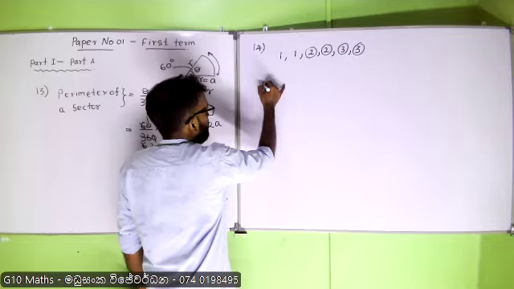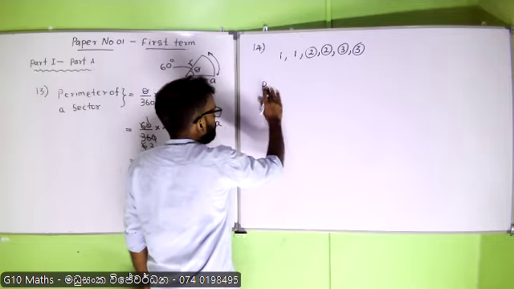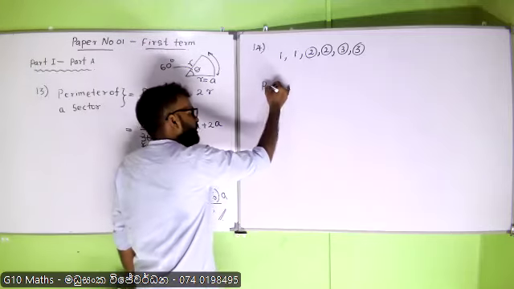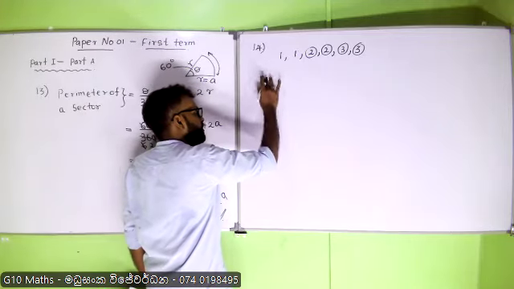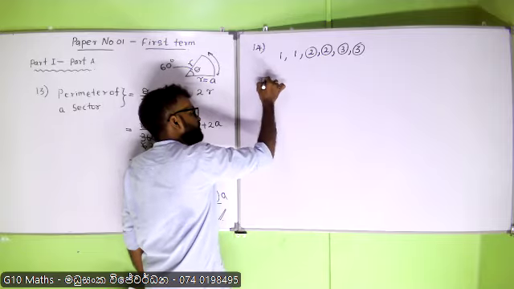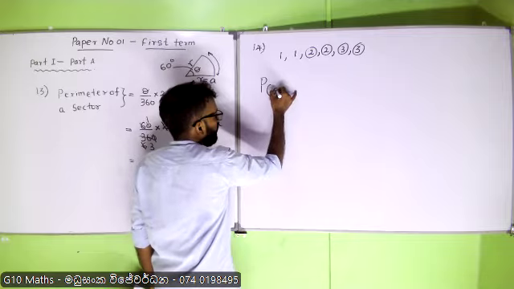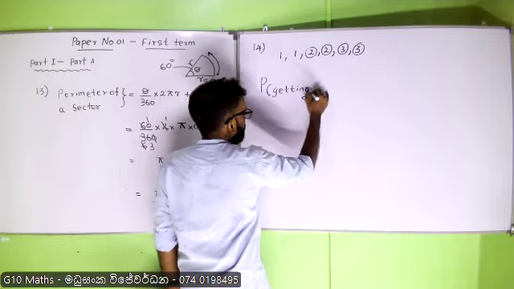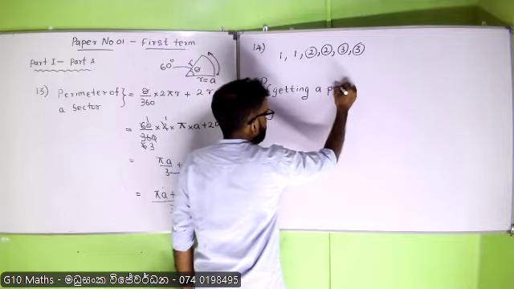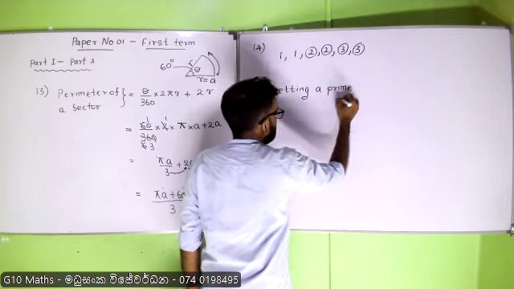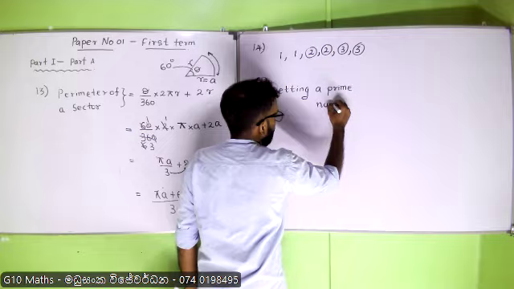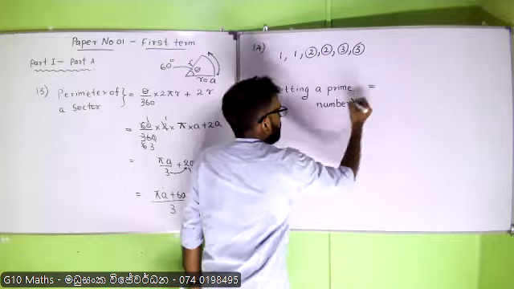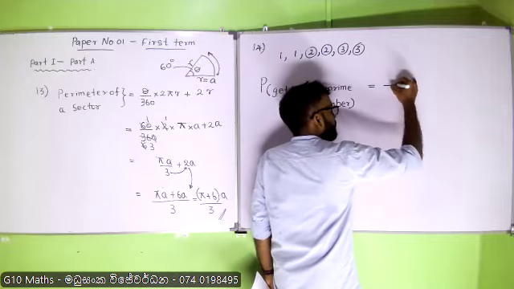Normally we use P for probability and we write the case inside the bracket: probability of getting a prime number equals a fraction.